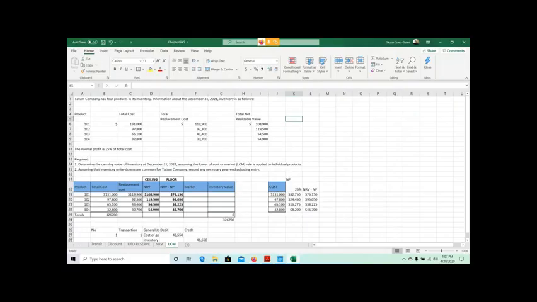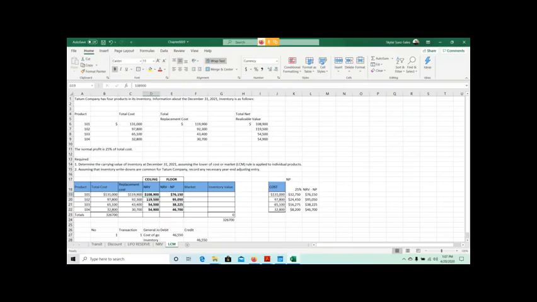Okay, all right. So like I said, we have a ceiling and a floor under lower of cost or market. The way we do the ceiling is just the net realizable value. The net realizable value is our ceiling, and I believe that was given to you.